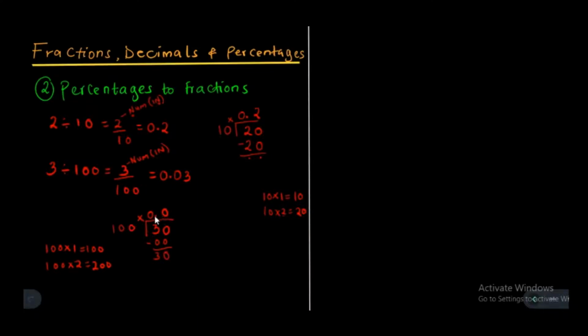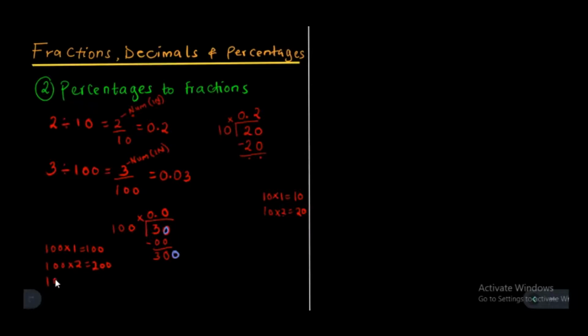The decimal place allows me to add a 0 at every step. So let me use a different color right there. It allowed me to add a 0 the first time, and then it allows me to add another 0 at this step. Now I go back to the 100 times table.